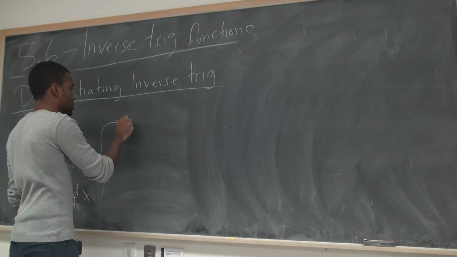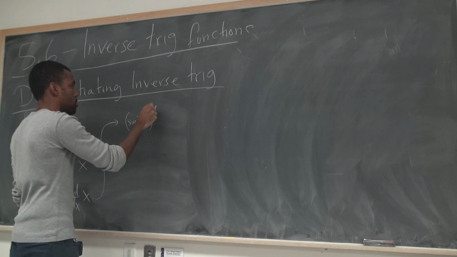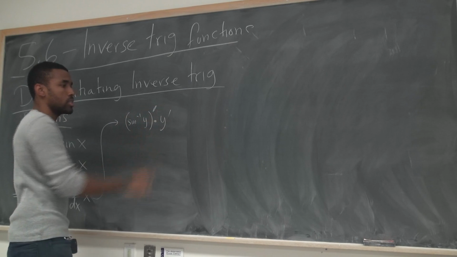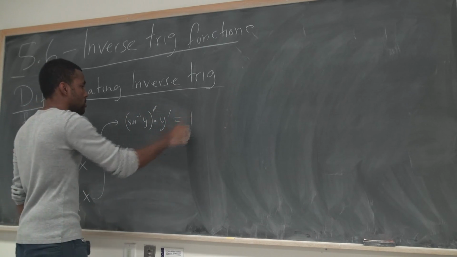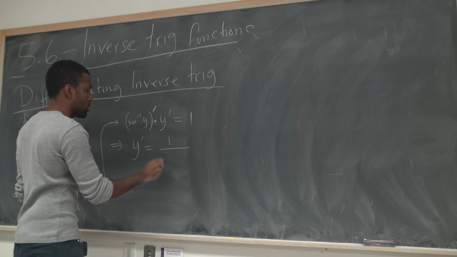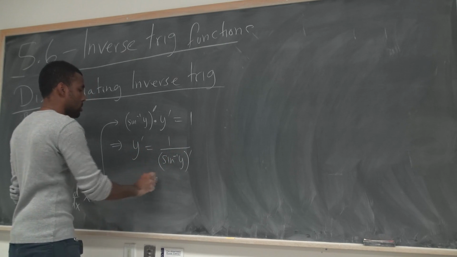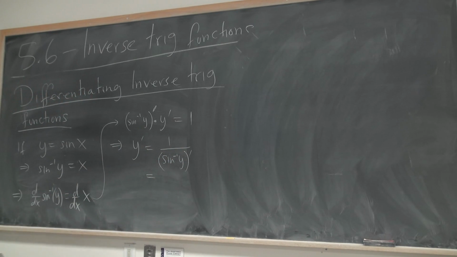Basically, this gives us sine inverse of y prime times the derivative of the inside by the chain rule. This side gives us 1, which means that y prime is 1 over the derivative of sine inverse of y. Right? So I'm just using the same formula again.